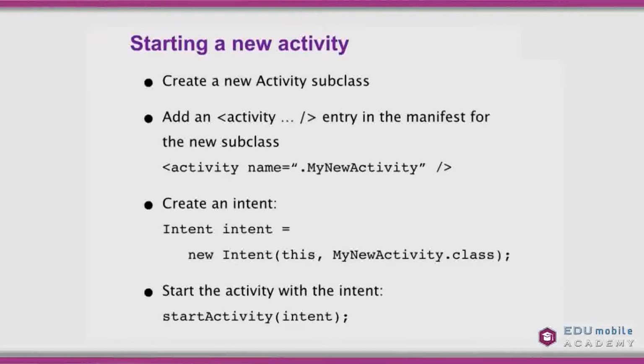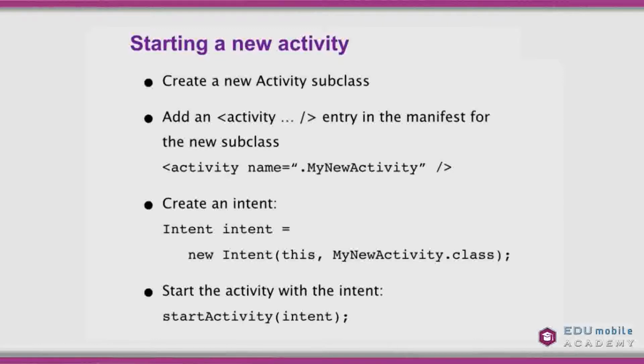So the minimal specification here is that the activity tag within the Android manifest file must have a name attribute, and that name attribute must be the name of the new activity within the package of your application. So if we're in the same package, then we just use a dot here. So the activity name recognizes that dot MyNewActivity is within the package namespace of your application.